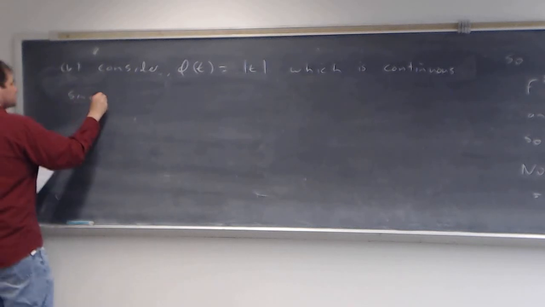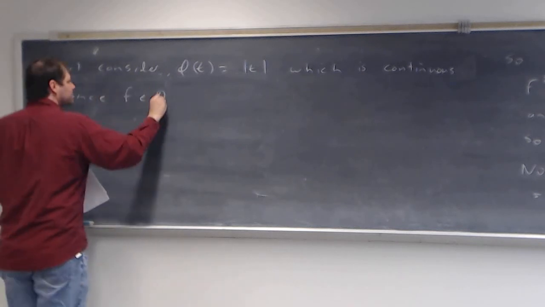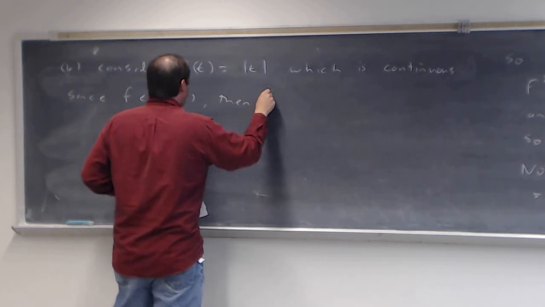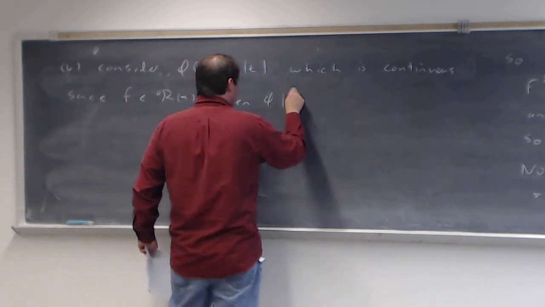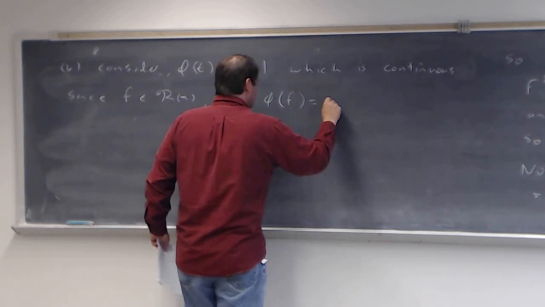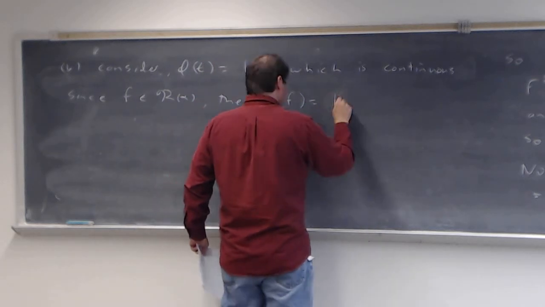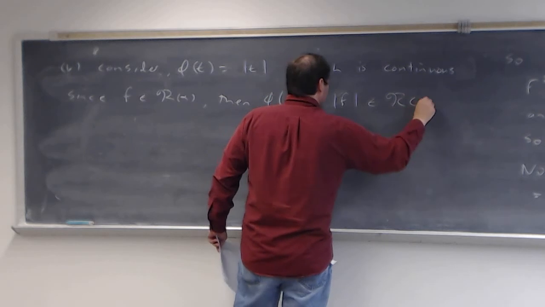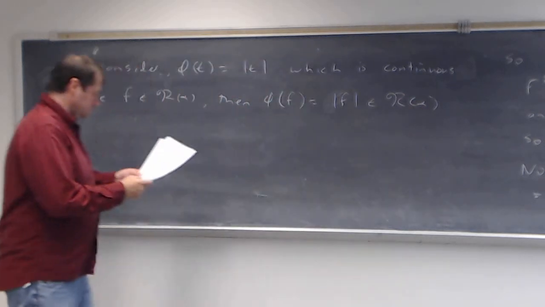Since f is Riemann-Stieltjes integrable, then phi of f, which equals the absolute value of f, is Riemann-Stieltjes integrable with respect to alpha.